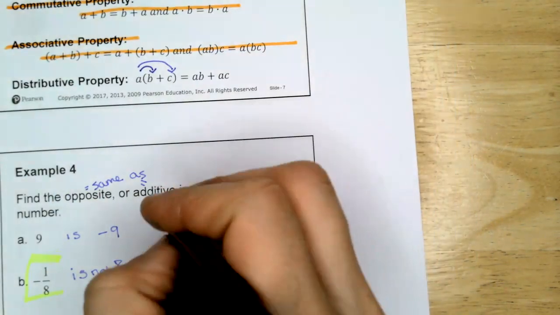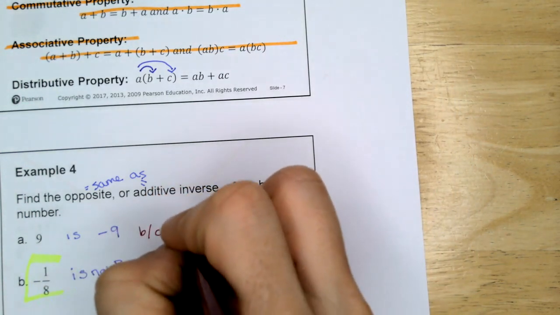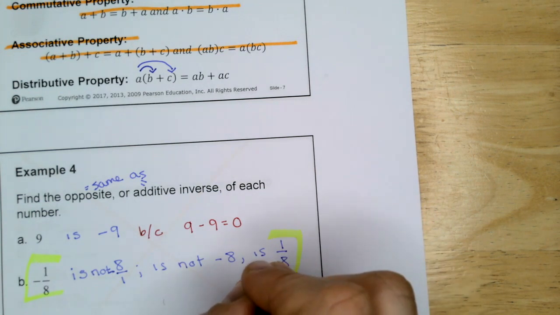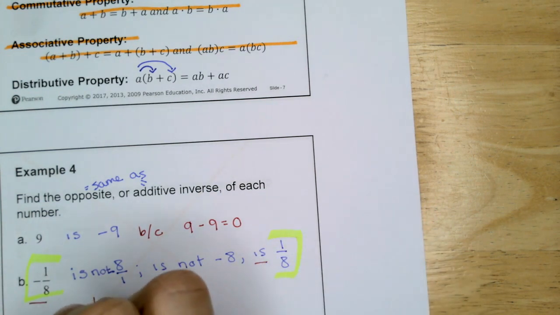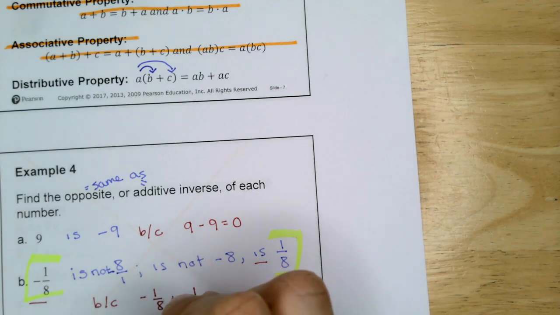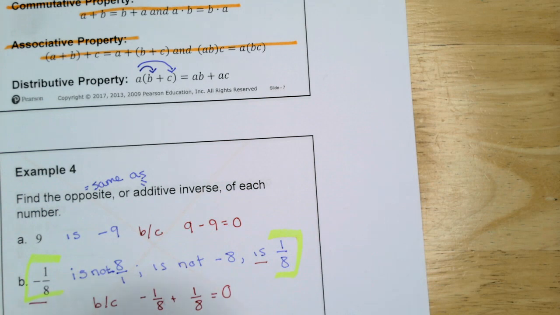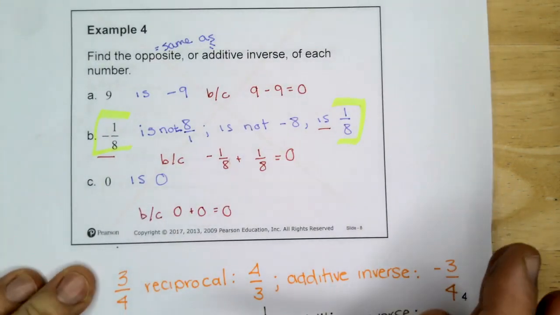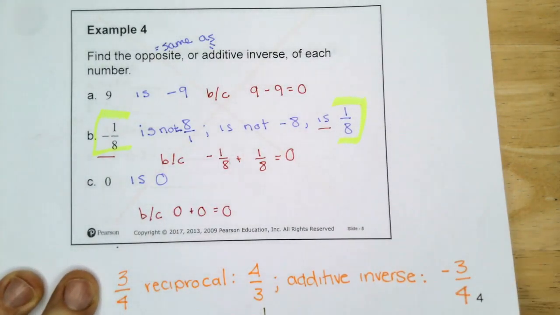So this is true because 9 minus 9 is 0. This is true because -1/8 plus 1/8 is 0. This is true because 0 plus 0 is 0. Oh, I apologize. Got out of frame there. Okay, so that's why that is true.